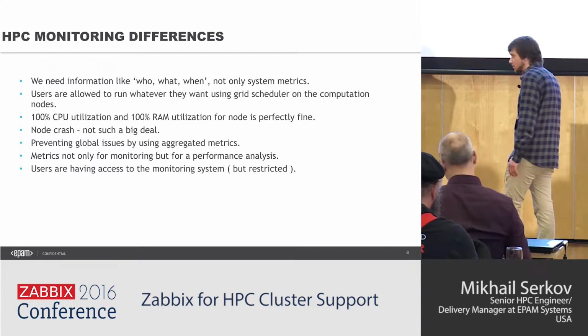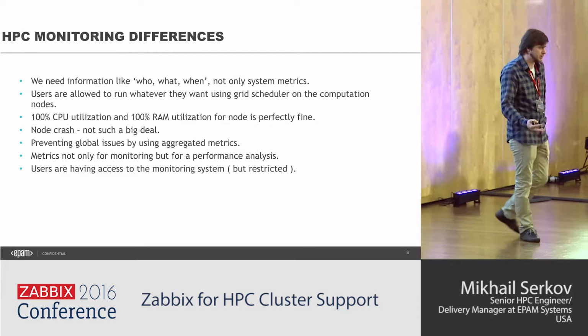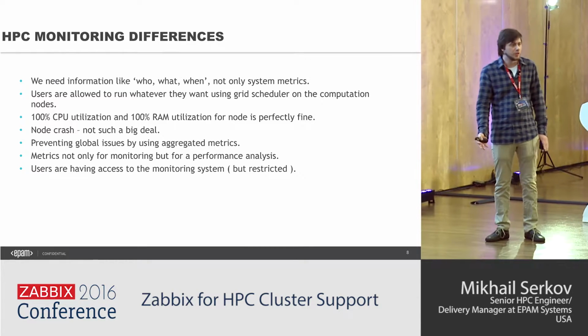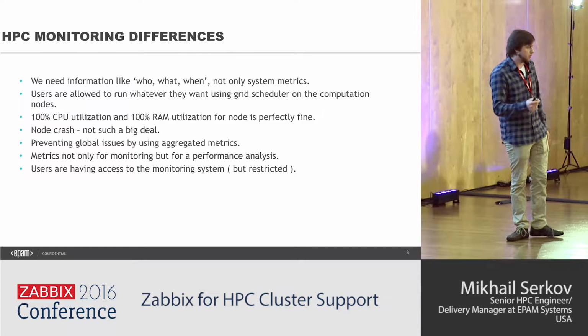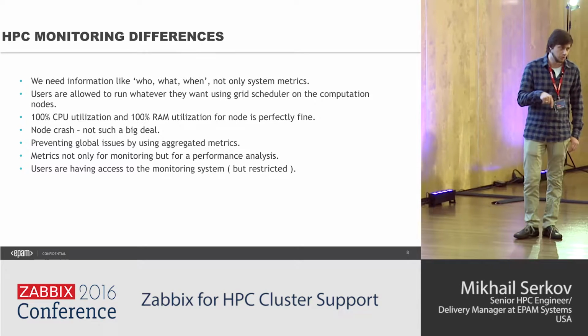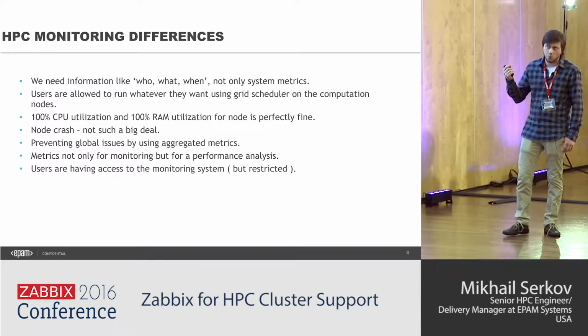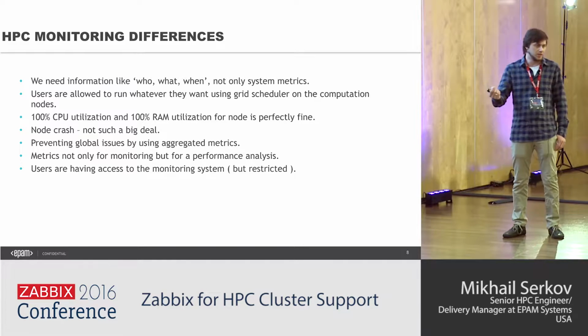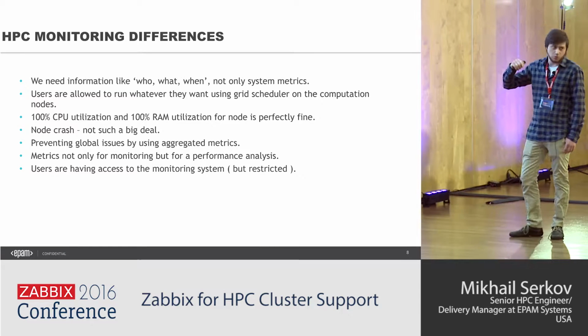It's true because we have a lot of nodes, and if 1 or 2 or even 10 go down, it's not a good thing, but it's not a disaster. So we are mostly interested in understanding why it goes down. So we need Zabbix as a tool for analyzing what was happening before it went down, who it was, and when.